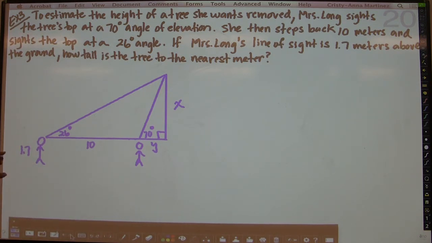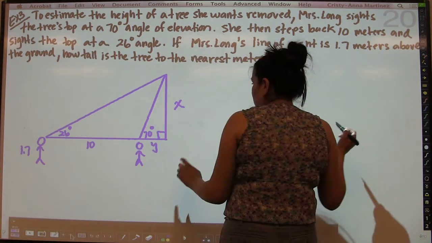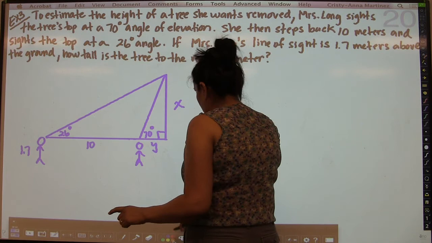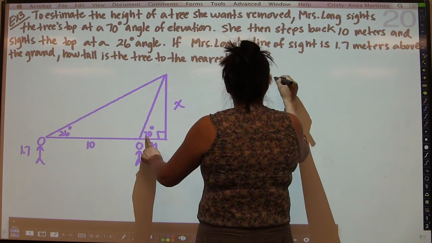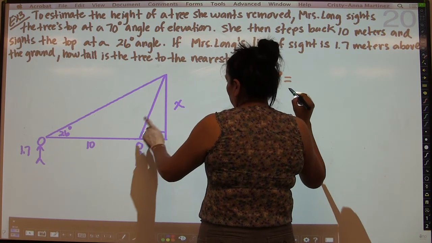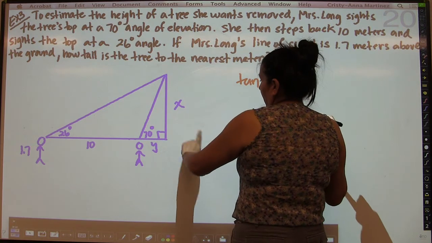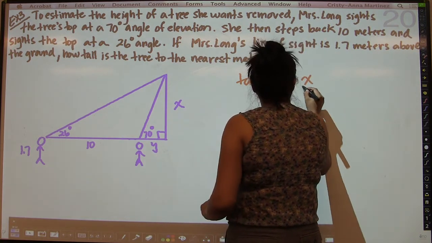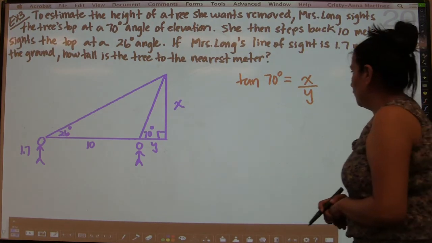So here we go. We're going to start with this first triangle right here, this smaller triangle. And we're going to use tangent again. So I'm going to say tangent of 70 degrees is equal to the opposite side, which I'm calling x, which is basically the height of the tree, and y is the adjacent side. So you get that tangent of 70 degrees equals x over y.